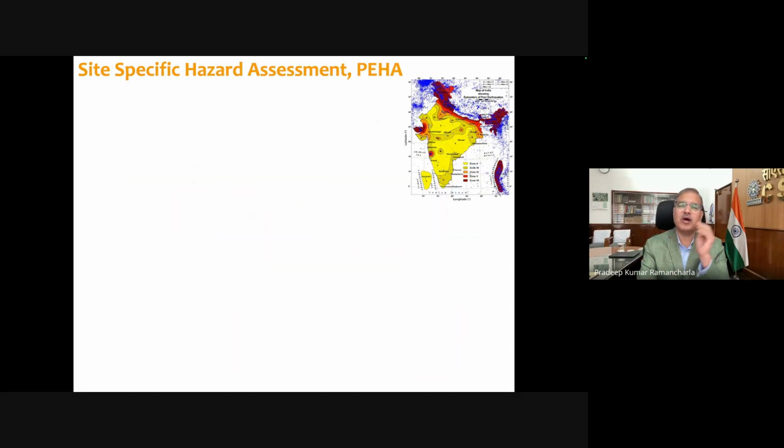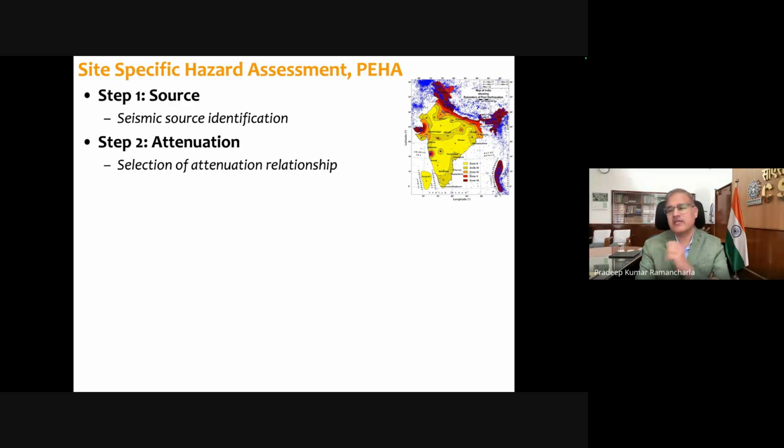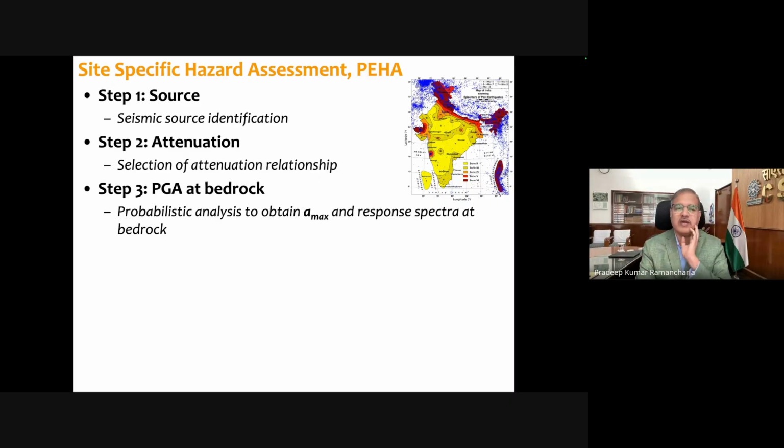Now coming to how we do this hazard assessment, that is probabilistic earthquake hazard assessment. In short, first is sources: identify all the seismic sources. Second is to find the attenuation relationship, and then estimate the peak ground acceleration at the bedrock. That estimation is based on the probabilistic assessment.